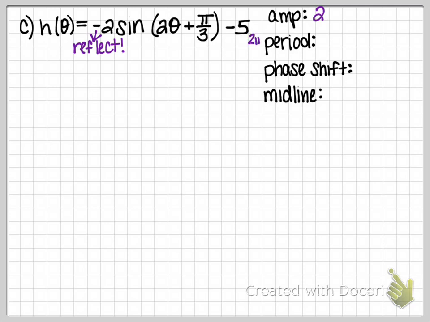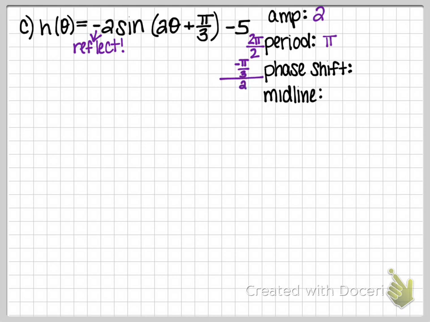Period, remember, is 2 pi over B. B is 2, so 2 pi divided by 2 is pi. Phase shift, I take the opposite of C over B. So the opposite of C is negative pi over 3, over my B value, which is 2.